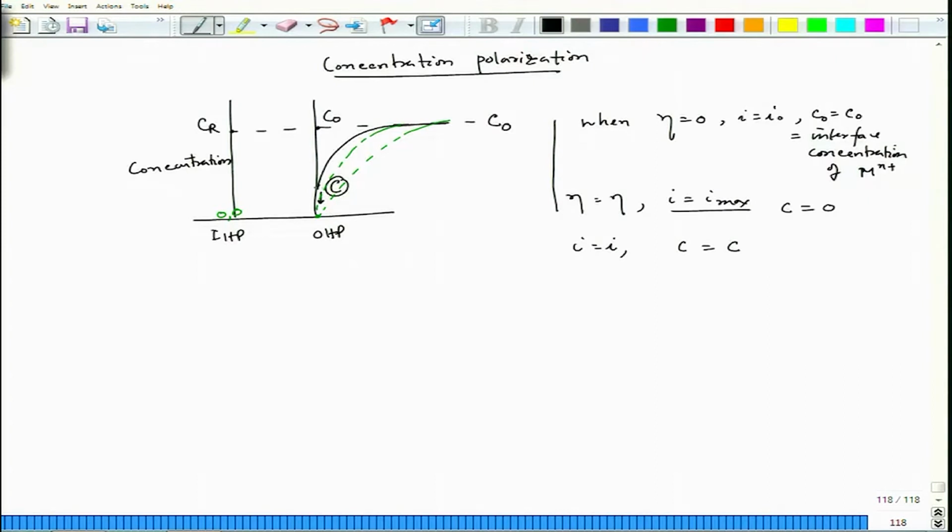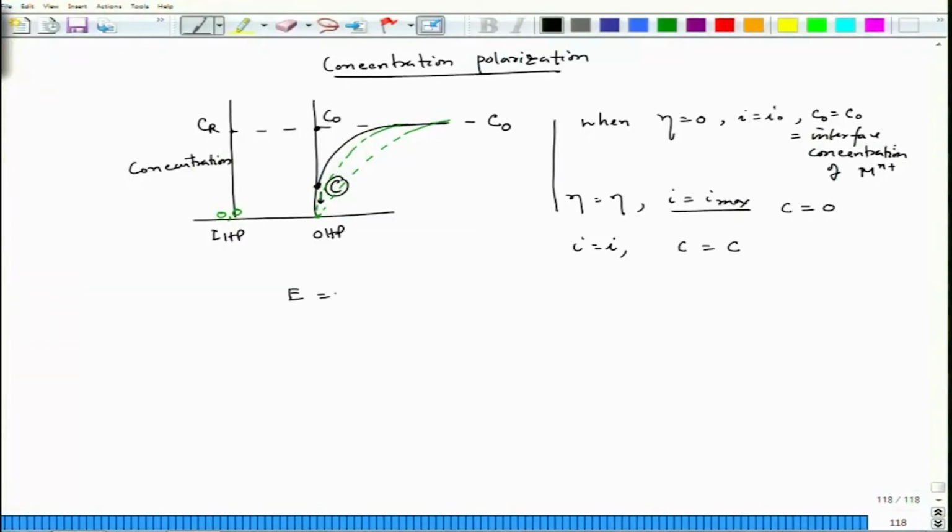Now, when this concentration is changing from this point to this point, I can apply the equilibrium condition and find out the potential developed at the electrode because of this concentration change by applying the Nernst equation.